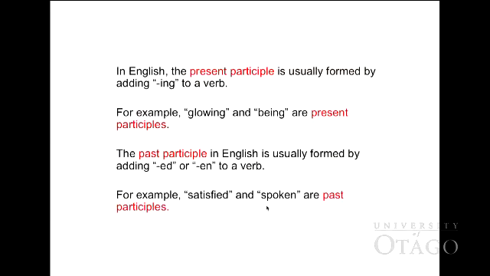The present participle is usually formed by adding -ing to the verb, for example going and being. The past participle is usually formed by adding -ed or -n to a verb, for example satisfied and spoken.